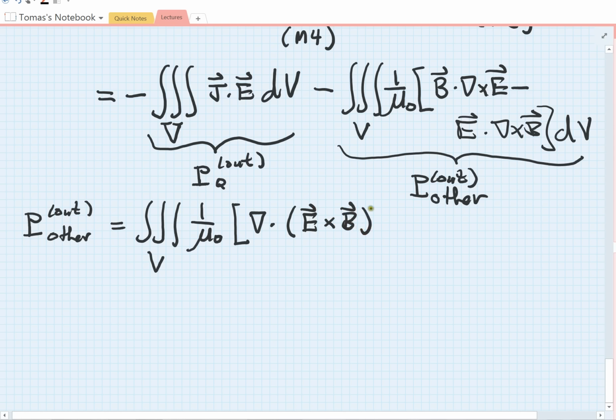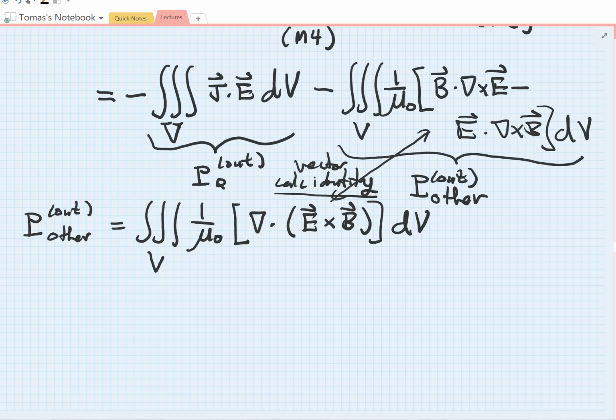Or in fact, it could be any two different vectors, E and B. This is a mathematical identity that just happens to be always true. So this conversion here is a math identity, a vector calculus identity. And that's something that you can prove for yourselves, and may be part of the exercises, actually.